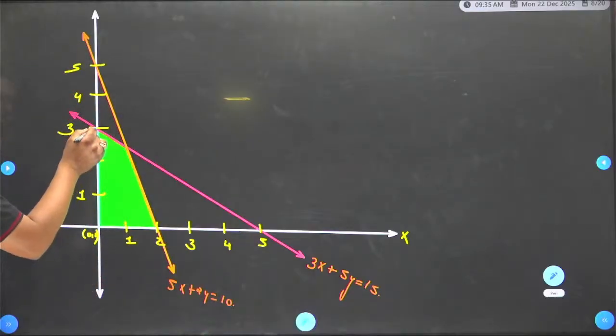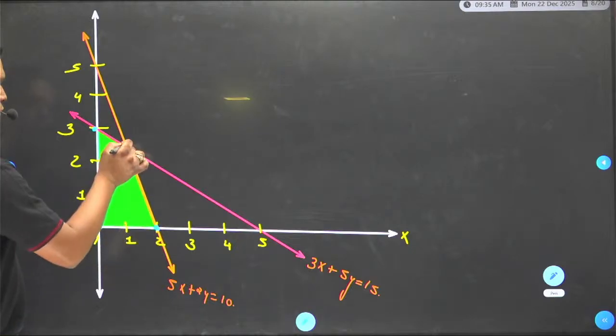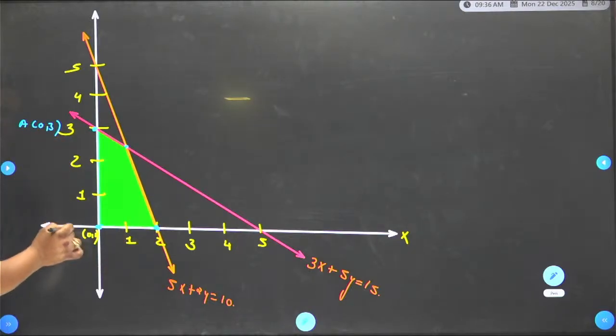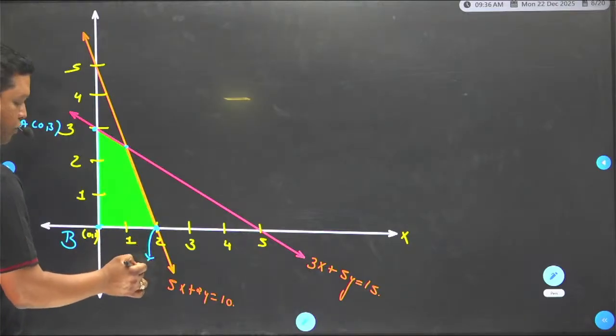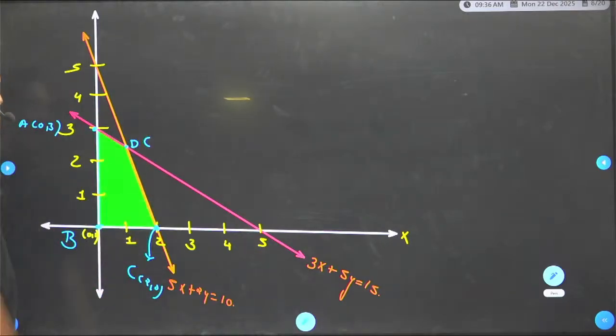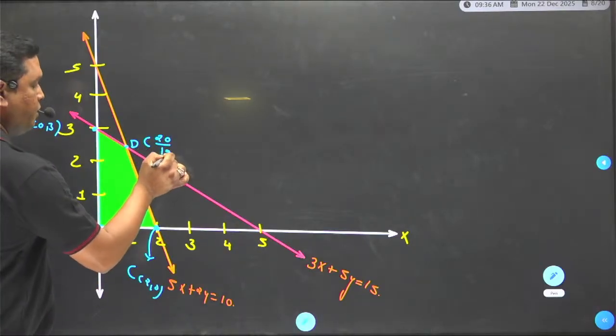First point, second, third and fourth. So these are the corner points: A 0, 3, B 0, 0, C 2, 0, and tell me what is point D.